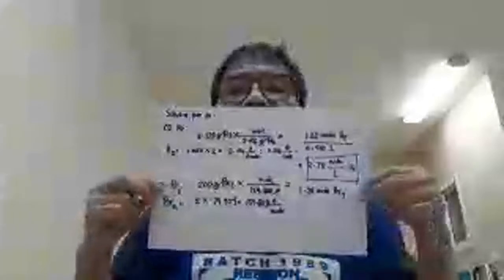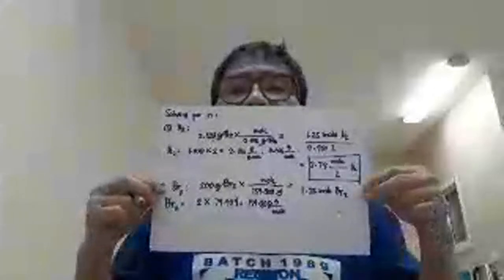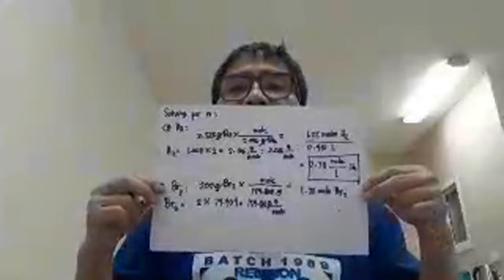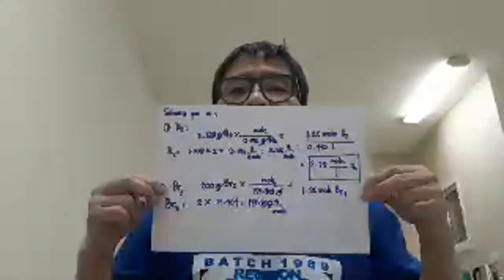Oh my god! 1.25 moles of bromine is just the same with the hydrogen gas. Take a look. Our number of moles of bromine gas is equal to the number of moles of hydrogen gas. So if we take the molar concentration, so it's just the same, right?